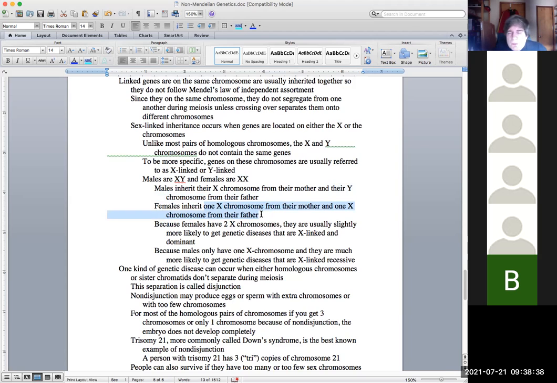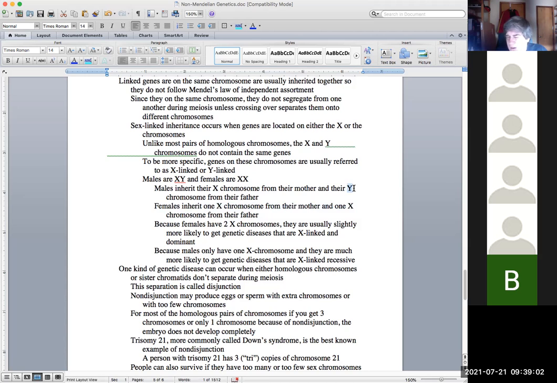And notice usually when we talk about the X and Y chromosomes, we focus more on diseases that are carried on the X chromosome because males get one X, females get two X, so it does affect both genders. We don't really focus too much on the Y chromosome for one simple reason. Only males get the Y chromosome, and males only have one Y chromosome.